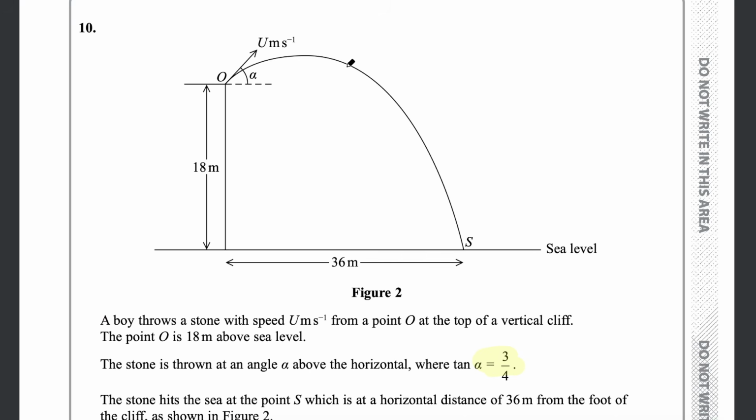But what you can note about an object thrown at some angle is that you can break that down into a horizontal and a vertical vector. So this angled vector we can break down into, that's meant to be a right angle by the way, not a very good one, but you can break that down into vertical and horizontal vectors, and that's going to allow us to solve for u.